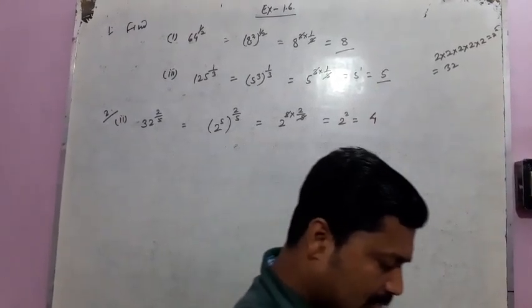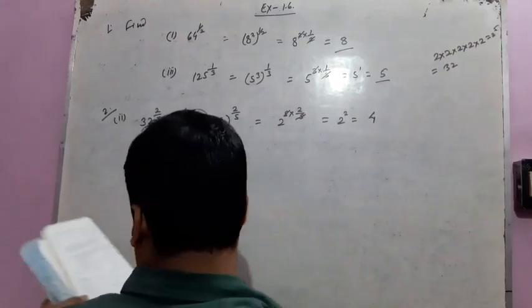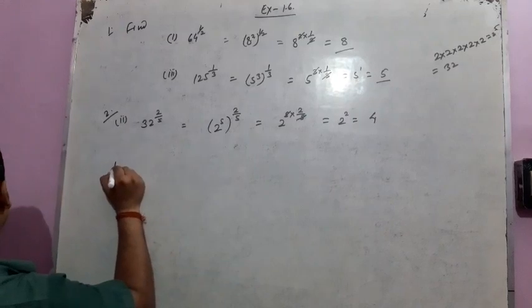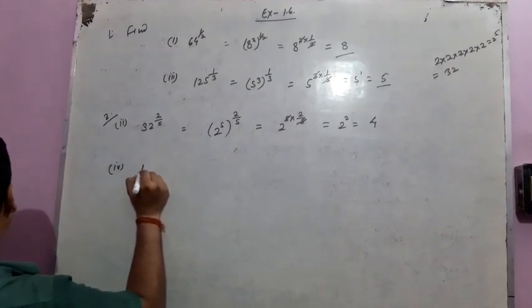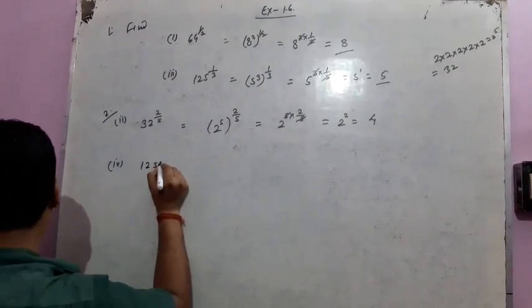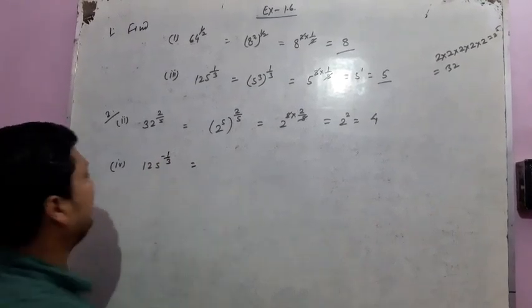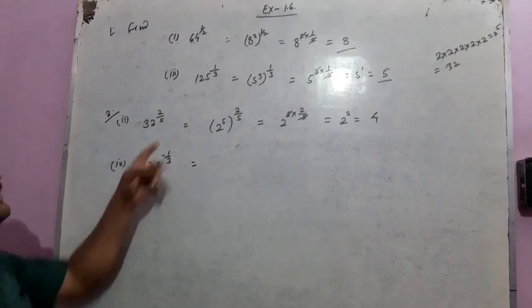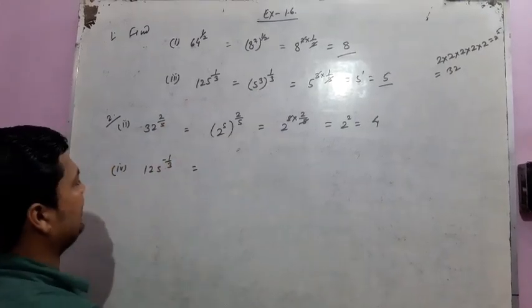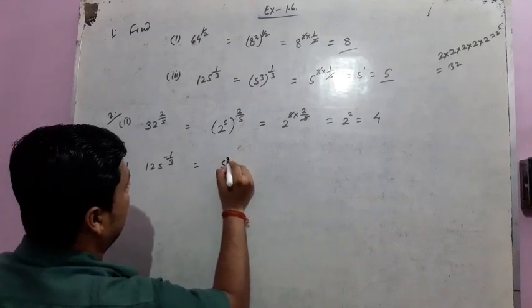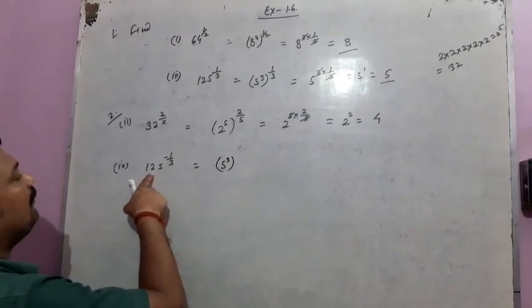Similarly, look at the fourth part of question number 2. 125 to the power minus 1 by 3. We can express 125 as the cube of 5, similarly as here. And what is the power of 125?